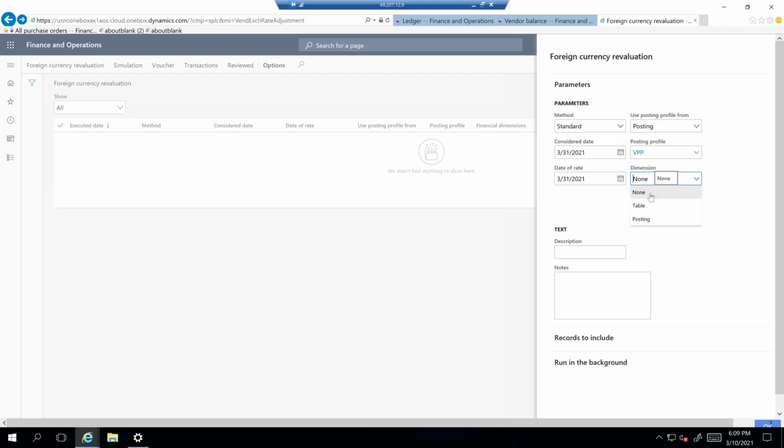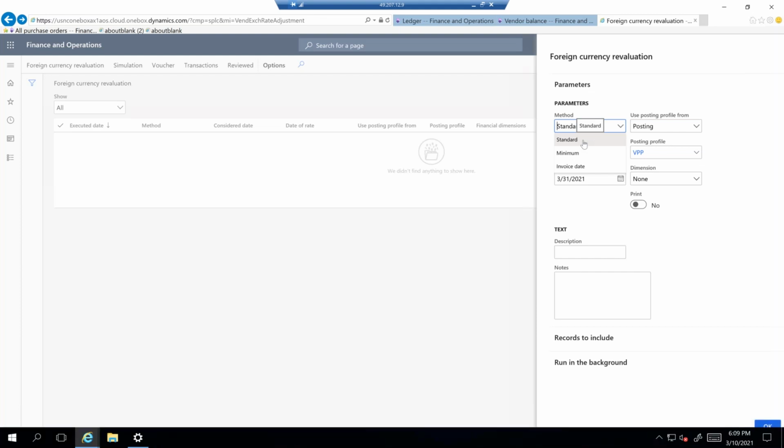Okay, Satya, I have a question here. What is the best practice when you run revaluation? If the dimensions are not there anywhere, the system doesn't post the revaluation.